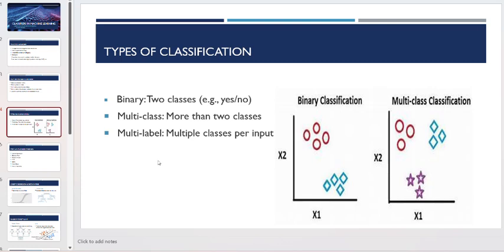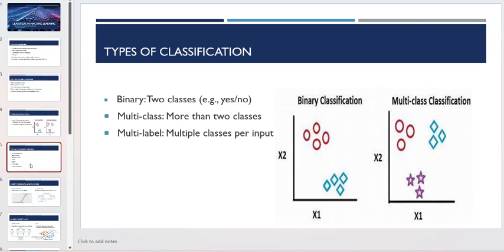And then multi-label is useful for tagging and document categorization. For example, for one input, multiple labels like action plus comedy. Choose the type based on your problem and data set. Each classification type needs a different evaluation.